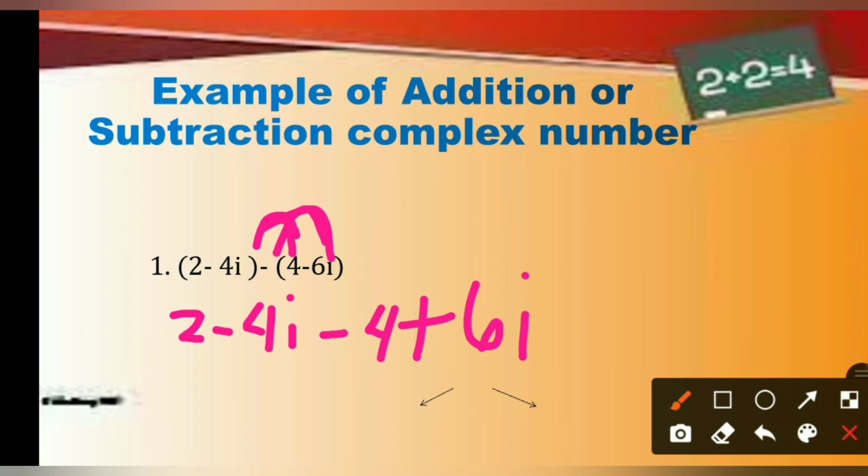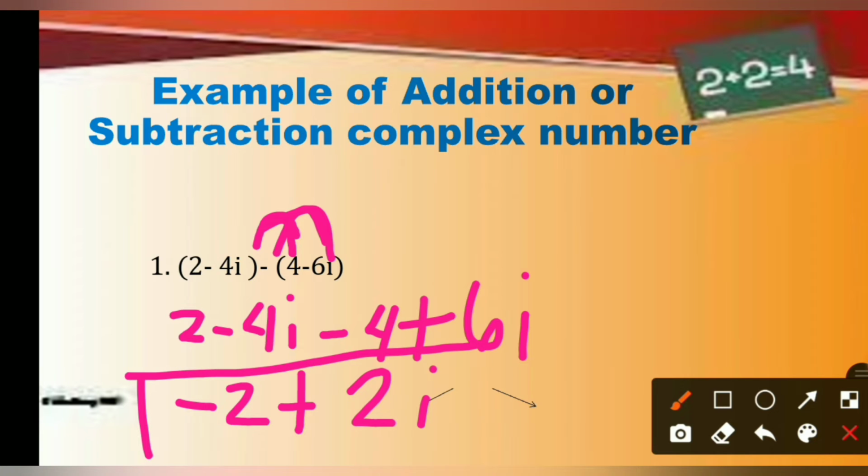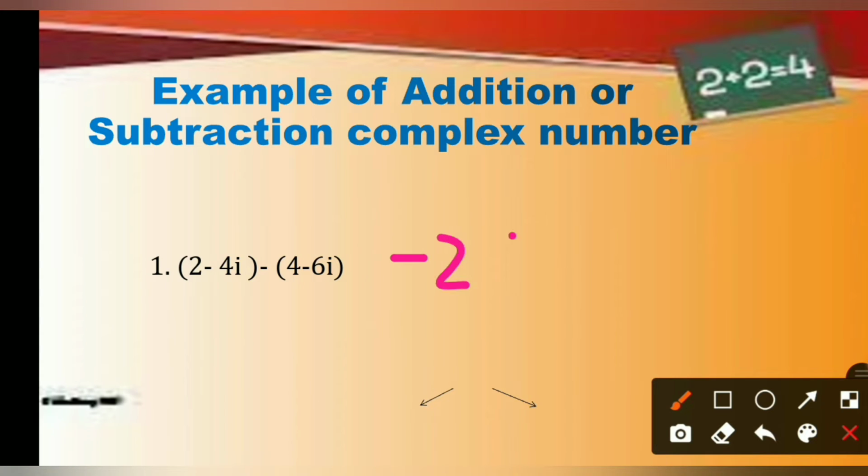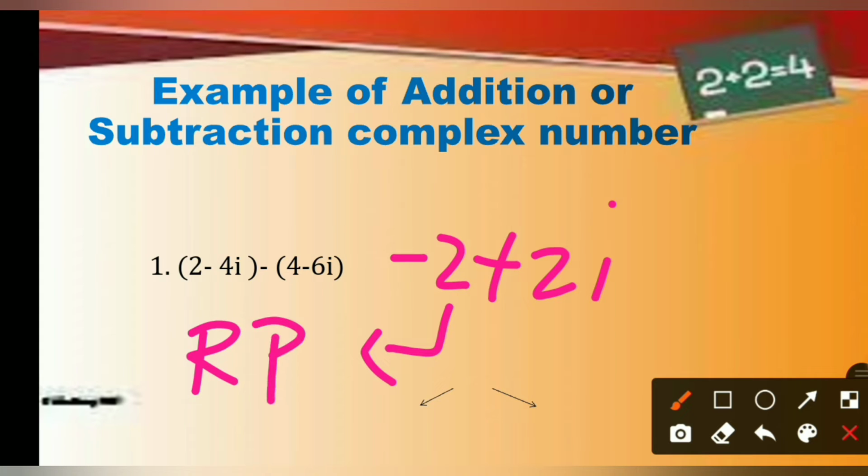After that, we just combine like terms. 2 minus 4 is equal to negative 2, and negative 4i plus 6i is equal to positive 2i. So our answer is negative 2 plus 2i. The real part here is negative 2, and the imaginary part is positive 2i.